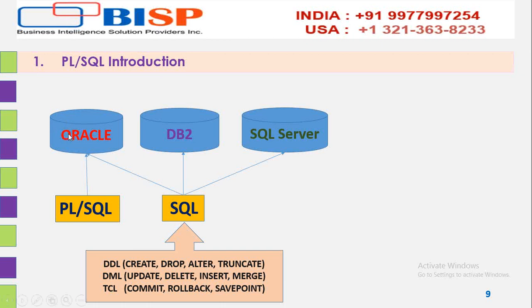If we take a company, the company has a list of employees. For storing these employee details separately, we need to create an object like a table. So these are the regular operations they generally perform, like DDL: create, drop, alter, where drop means dropping an object.